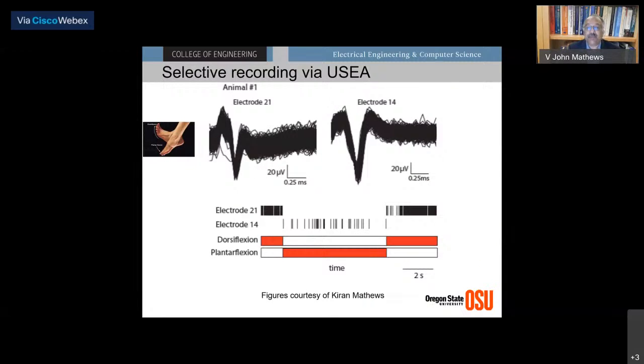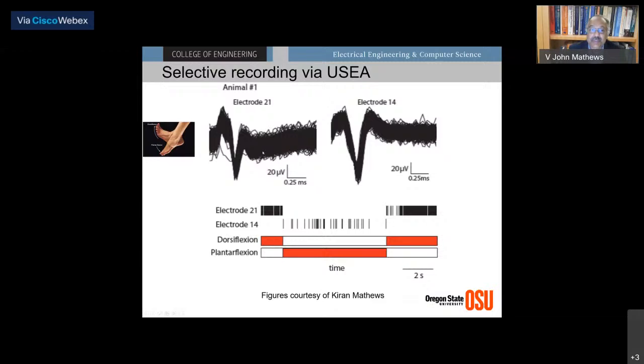So I want to just give you an idea about the selectivity that is possible. Okay. This was actually an experiment that was done by my daughter several years ago, almost 8-9 years ago. And she was a student in one of my colleagues' lab at that time.